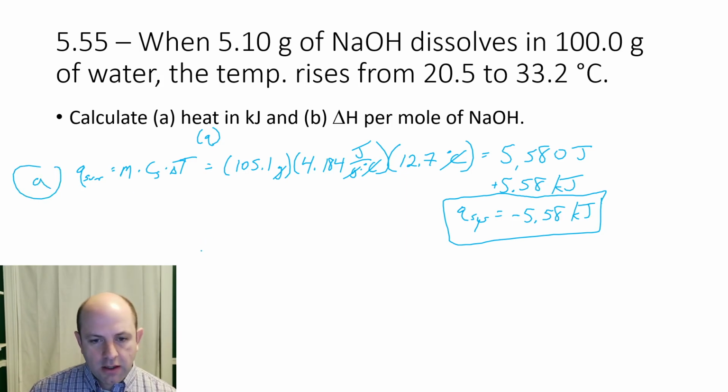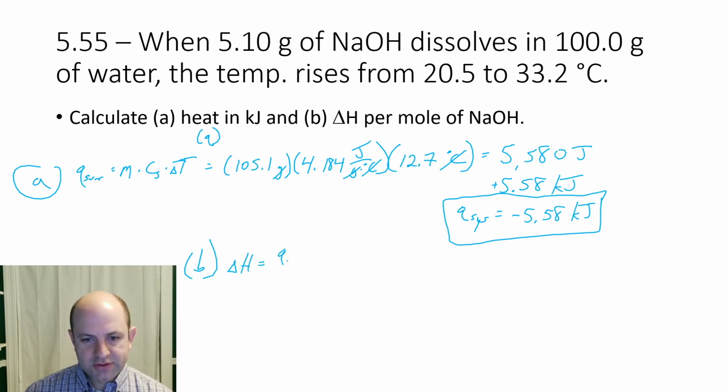Now for part B, they want to know what is that delta H per mole. Well, delta H is just the Q of our system, which we just found, divided by how many moles we used. So we've got to find moles. It's 5.10 grams of sodium hydroxide, so grams of sodium hydroxide on the bottom, and we want moles of sodium hydroxide on the top.